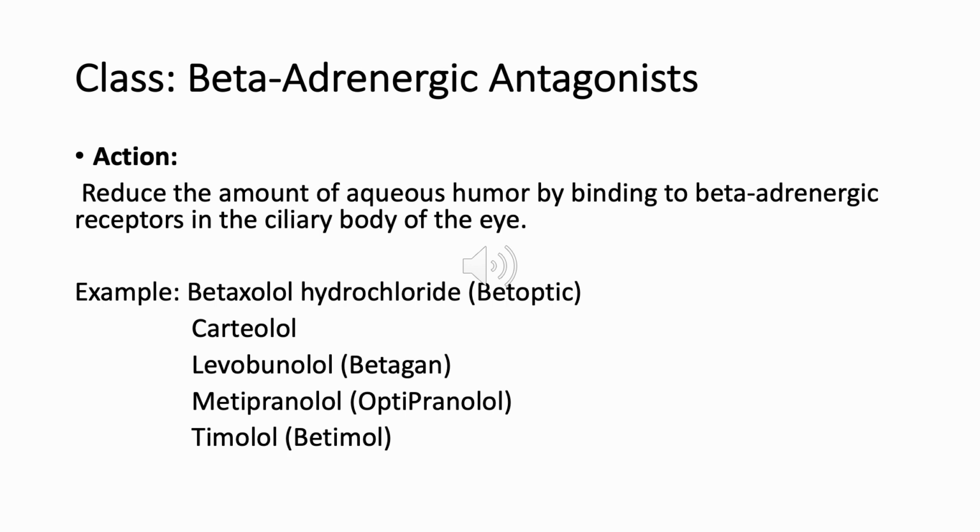Another classification is beta-adrenergic antagonists. The action is that they reduce the amount of aqueous humor by binding to beta-adrenergic receptors in the ciliary body of the eye.